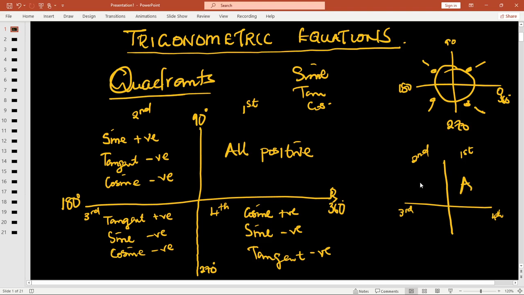Then in the second quadrant, it's just the sine function that is positive, meaning that the tangent and cosine functions are negative. In the third quadrant, the tangent function is the only function that is positive, meaning that the sine and cosine functions are both negative. Then in the fourth quadrant, we just have the cosine function, which is positive. So this means that the sine function and the tangent function in the fourth quadrant are negative.